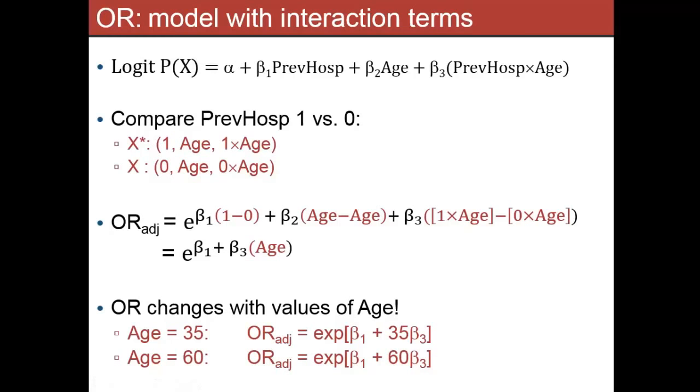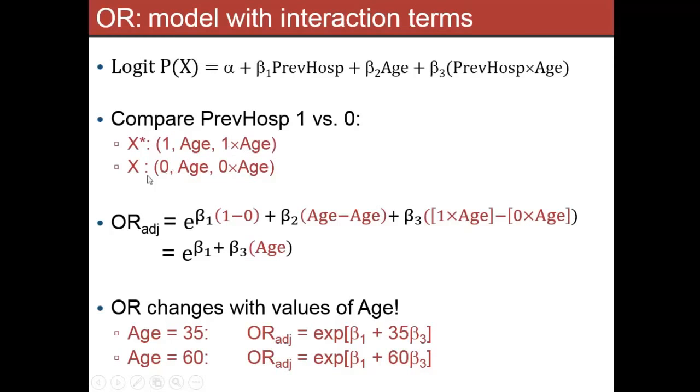These are the same age. It could be 17, they're both 17. It could be 22, whatever it is. And then for this third X variable, this is the product. The value of X star 3 is the product of previous hospitalization and age. Well, that's 1 times age. That's the value of this made-up X variable. This isn't new data. It's the multiplication of this information. And so we have a third thing, X star 3, that is 1 times age.